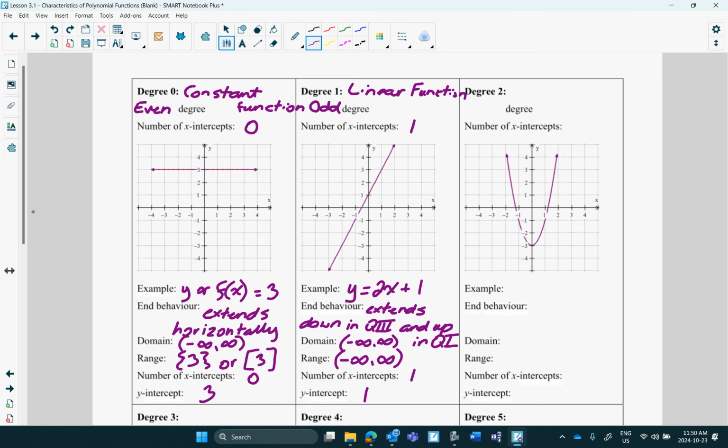Next one is a second degree function, which means it's even. The highest exponent is 2. What kind of functions do we call these? Quadratic functions.